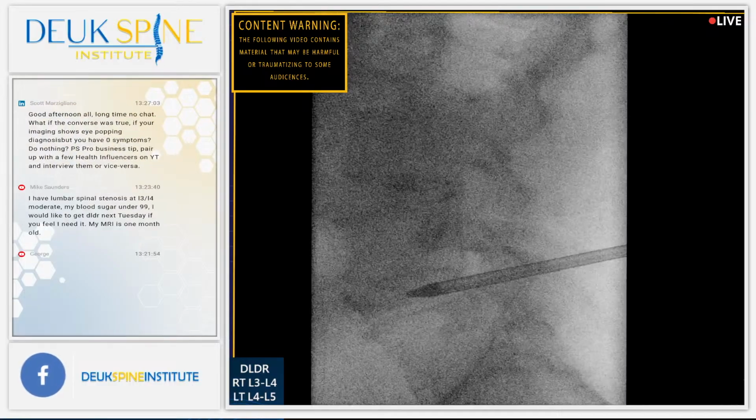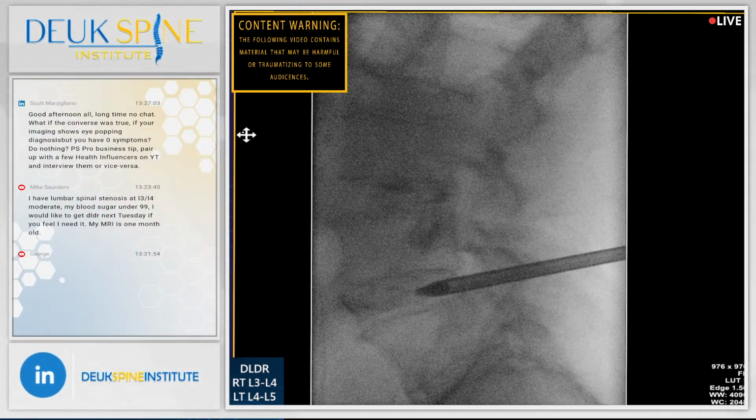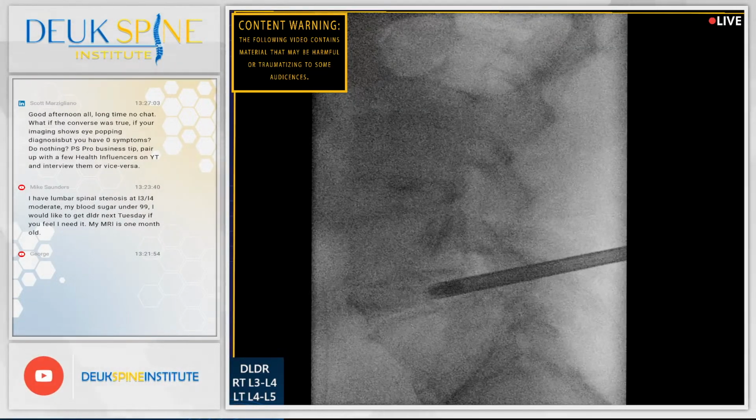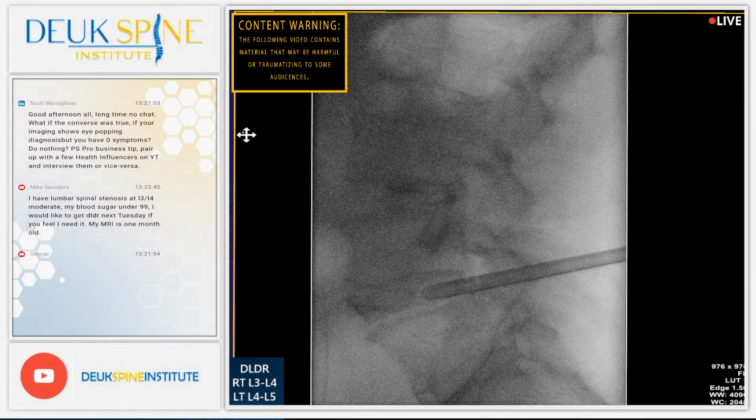Yes, good. Now I'm going to bring in my tube, once again, 7 millimeter tubular retractor. I'm going to drive it into the tear that we're going to be debriding. And yeah, that's it. We're in. So we're not doing a discectomy, folks. We're just doing an annular debridement.